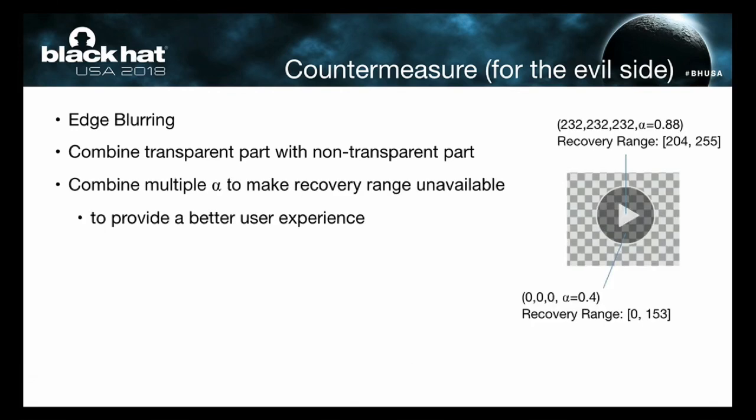Remember the case we used earlier? It's quite an interesting countermeasure, because in this part the alpha is 0.88, and after calculation we got the recovery range from 204 to 255, and this part is 0 to 153, and the two sets have no element in common.